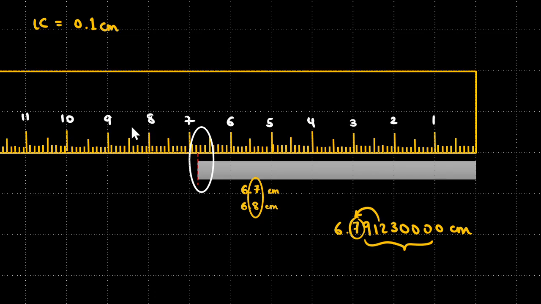So now let's talk about another thing. Another point that we're going to talk about is the precision limit.